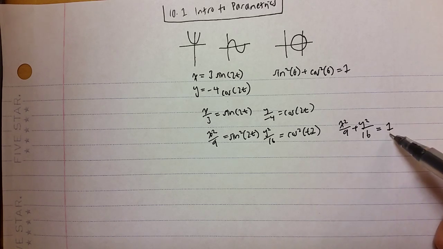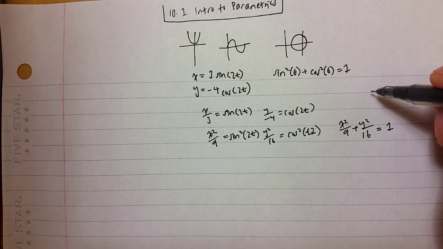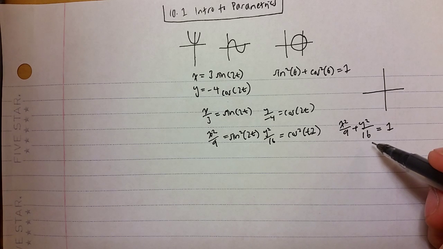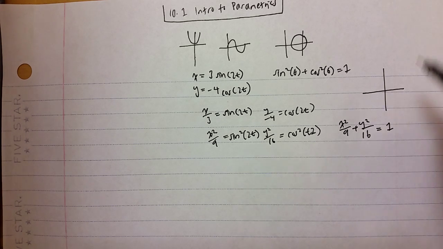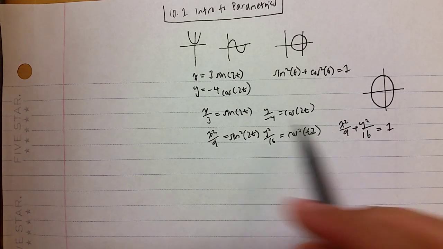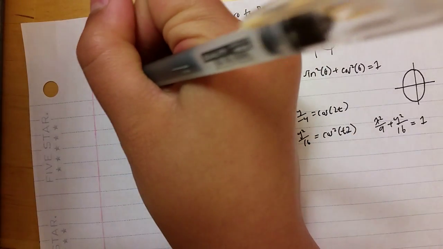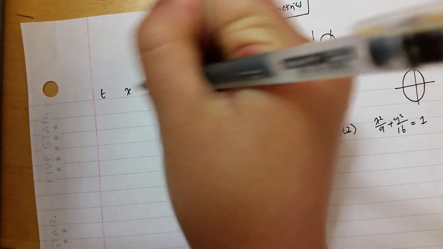And this should look like a pretty familiar form from Algebra 2 because it's an ellipse. And because the number under y is bigger, it's going to be taller than it is wide. So we can already sketch this graph just by getting rid of the parameter t. But sometimes you won't always be able to get rid of the parameter t, and in that case, you can just make a table with t, x, and y.